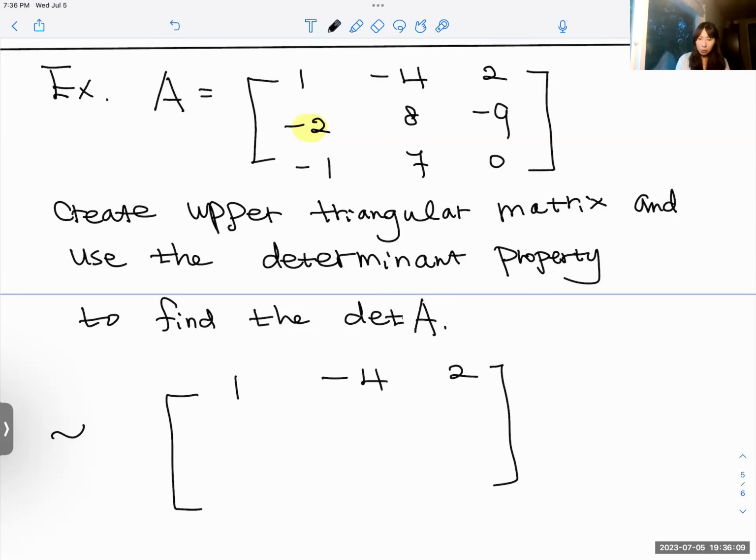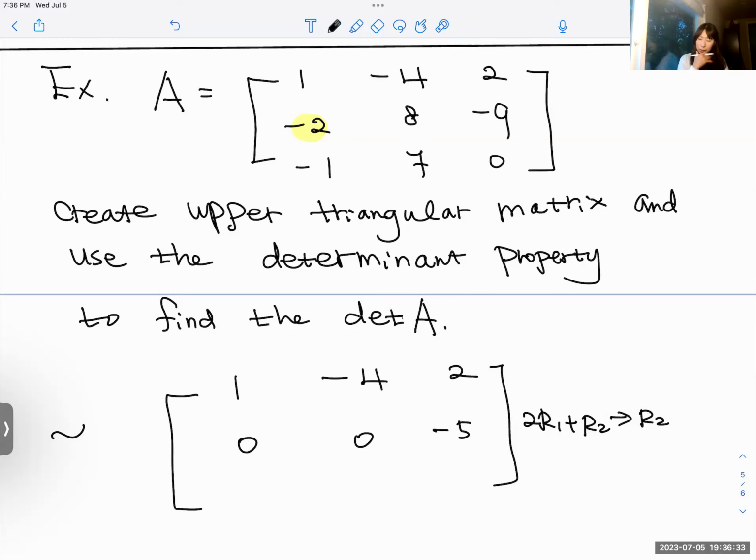So we take 2 R1 plus R2 to get R2. So we have 0, 0, -5.